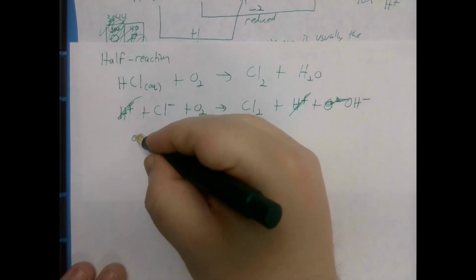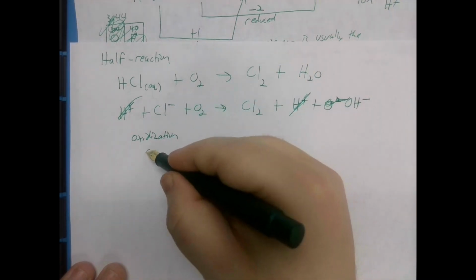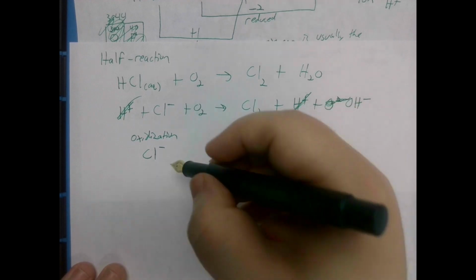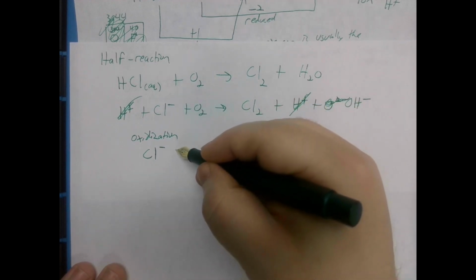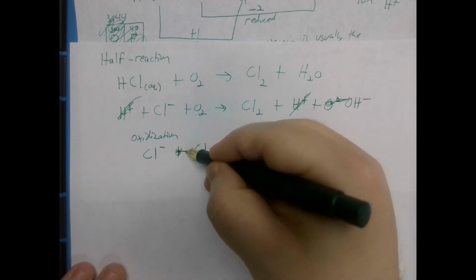To do the half reaction for oxidation, it's just chlorine negative. It is losing electrons, so it's becoming chlorine. That should be an arrow.